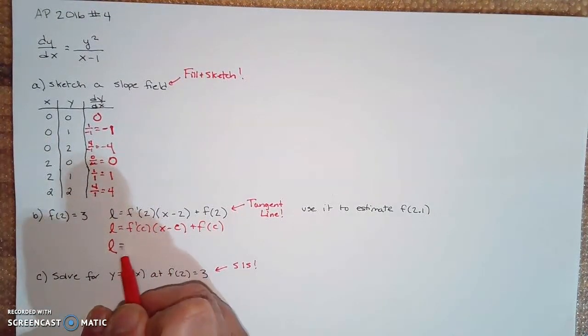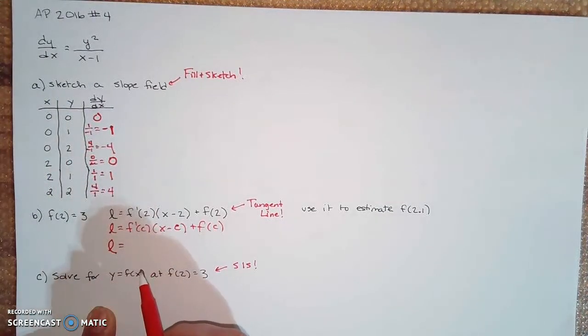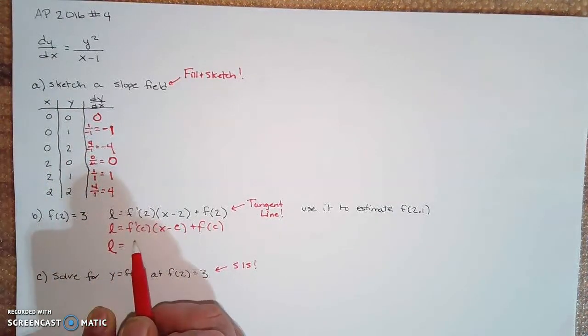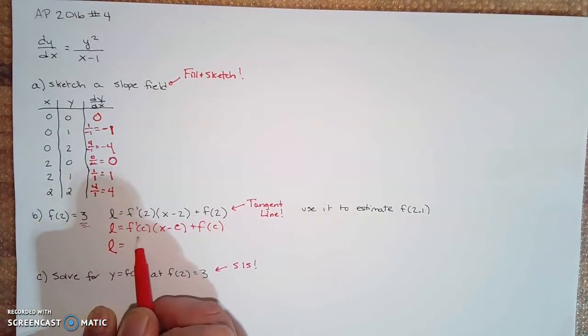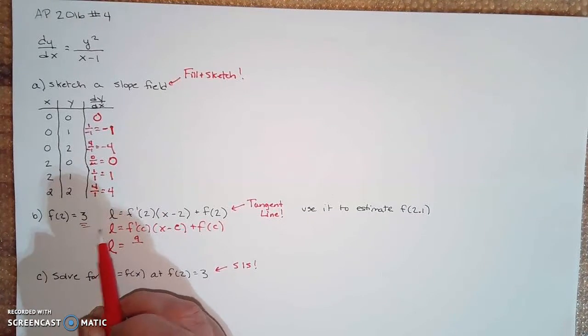So first I have to find f'(2) at y equals 3. So I've got to fill in 2 and 3 into the derivative right there. So I get y squared, that's your y, is 9 over 2 minus 1 squared, which is 1. So the slope is 9.